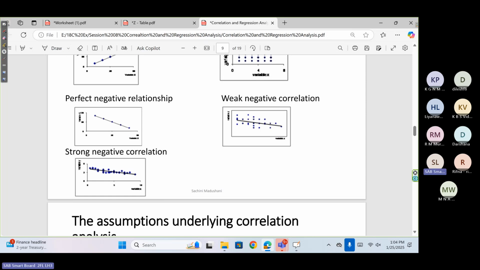Then looking at the third one, all the scatters are not on the same straight line, but most of the scatters are near the straight line. Not all, but most. Therefore, we can say there is a negative correlation. The strength is strong, not perfect.